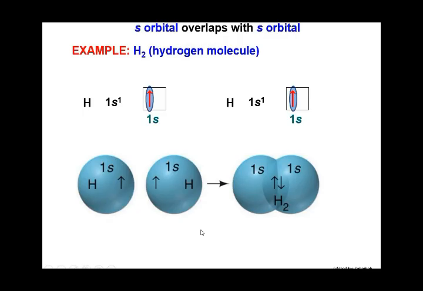Next, to show the formation of the hydrogen molecule, both electrons must overlap each other. One s from one H and the other H also represents one s orbital, and this ends up giving H2 with opposite spin.